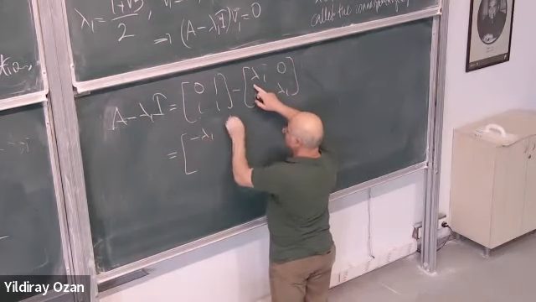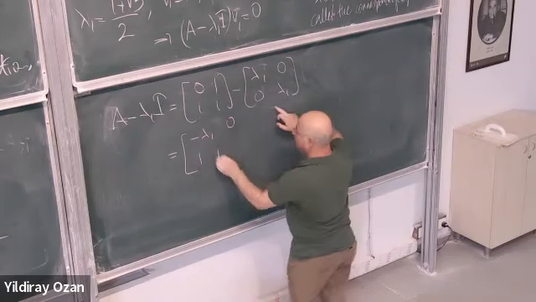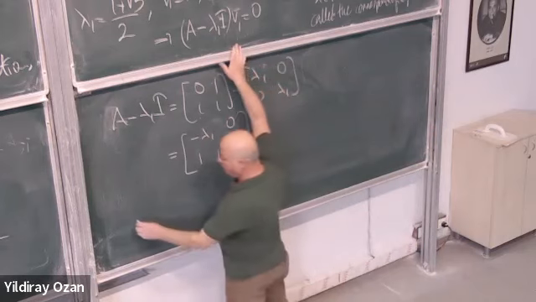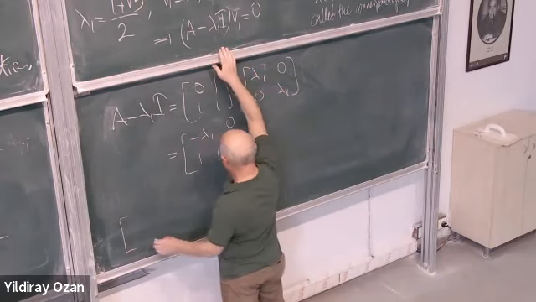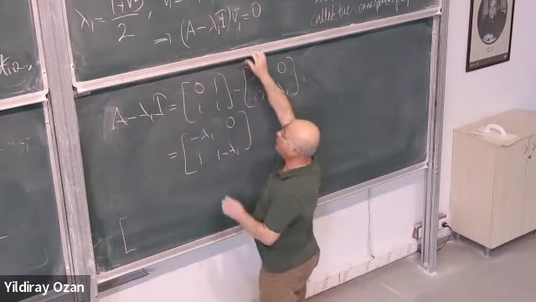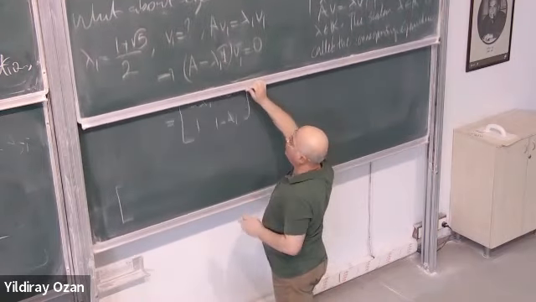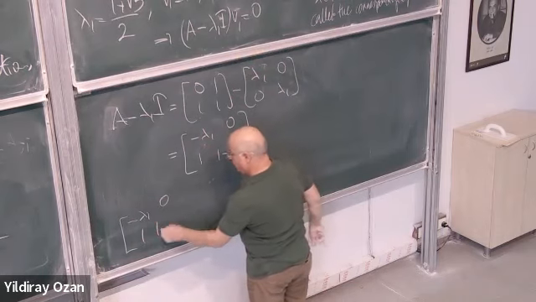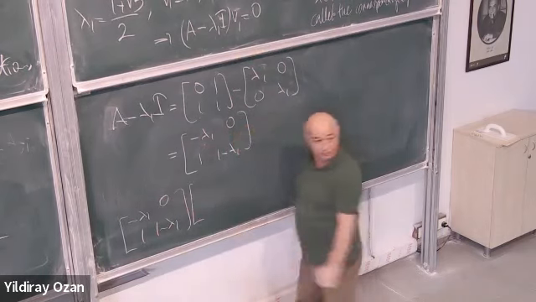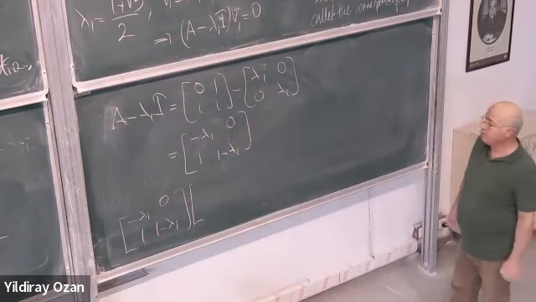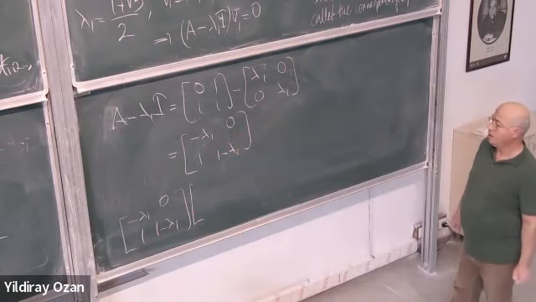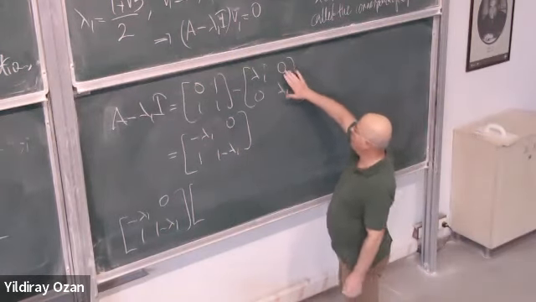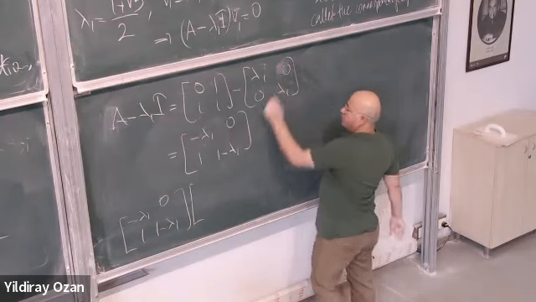Minus lambda 1, 1, 1, 1 minus lambda 1. And what is the equation I need to solve? I need to solve the following equation: A minus lambda 1 times identity, which is just minus lambda 1, 1, 1, 1 minus lambda 1, times V1 equals 0.